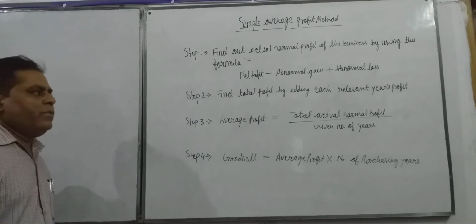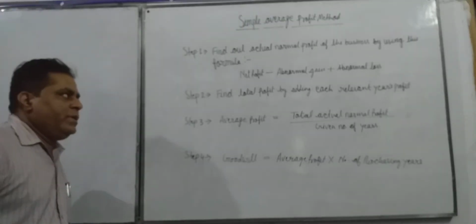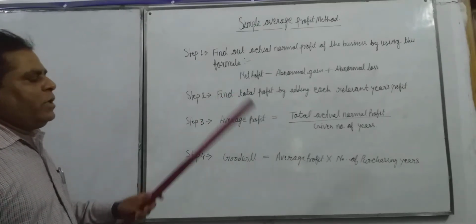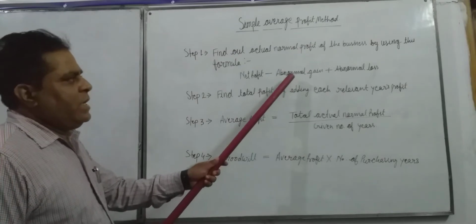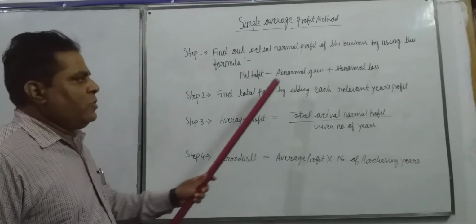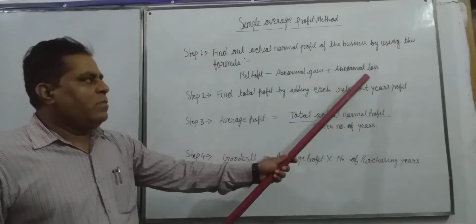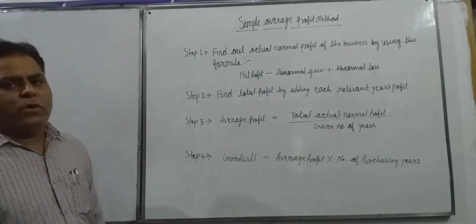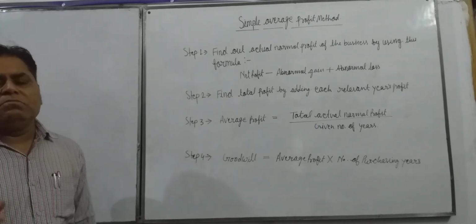So, if we have a net profit, to determine normal profit we have to deduct the abnormal gain from this net profit, and add the abnormal loss to this net profit to determine the actual profit of the business.